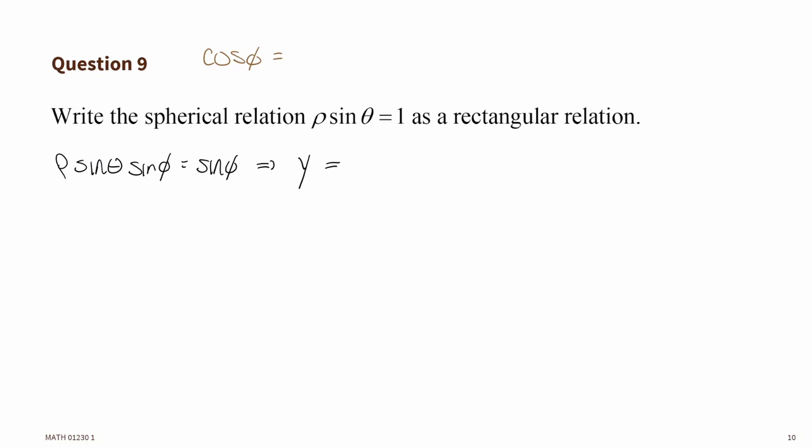Not just z. Over rho. I'm going to leave it as rho instead of writing it as square root of x squared plus y squared plus z squared. That is for my sanity. We can use this to determine what sine of phi is.